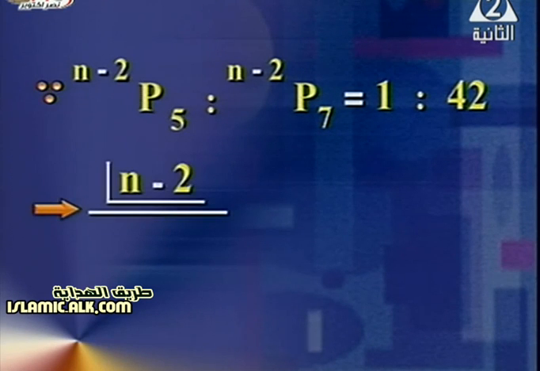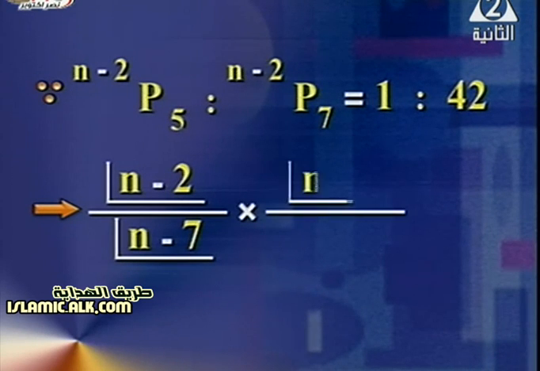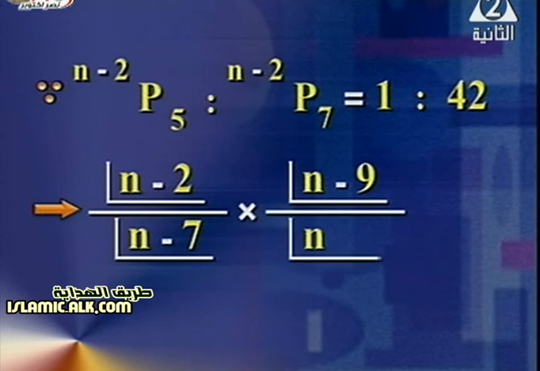Therefore, permutation of, look at n minus 2 P5 equals factorial n minus 2 over factorial of the difference between n minus 2 and 5, which is factorial n minus 7 in the denominator, multiplied by factorial n minus 9 over factorial n minus 2, or divided by factorial n minus 2 over factorial n minus 9. Answer is 1 over 42.